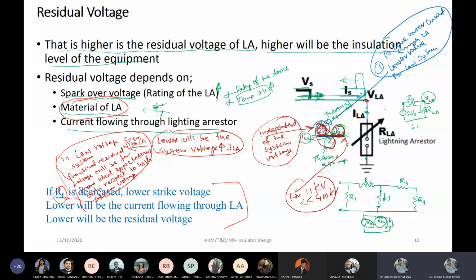So what is done is that in low voltage systems, the residual voltage of the lightning arrestor is made a little bit higher.